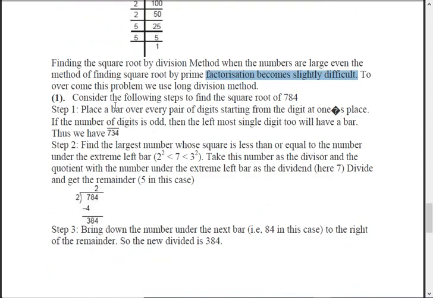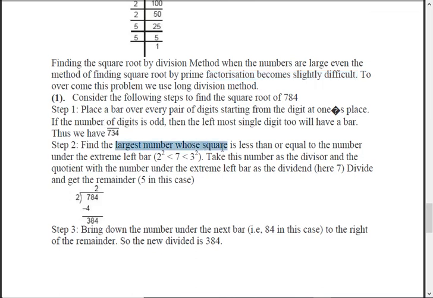Place a bar over every pair of digits starting from the digit at the ones place. If the number of digits is odd, then the leftmost single digit will have a bar too. Here 84 gets one bar, and 7 is single, so put 0 in front of 7 and it becomes 07.